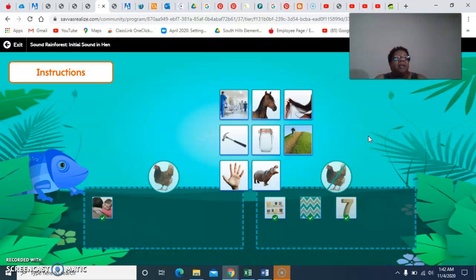Okay, hair, hair. Hippo, hippo, or hippopotamus.